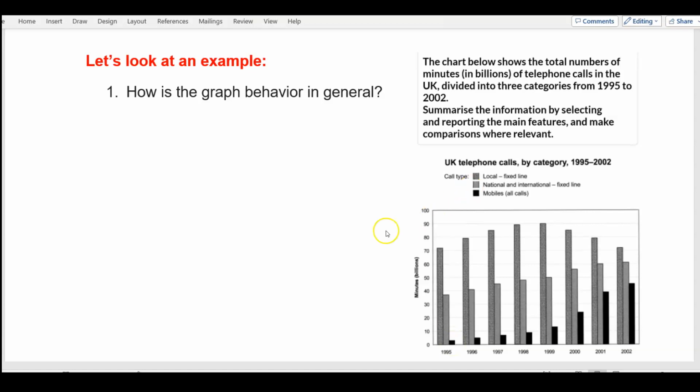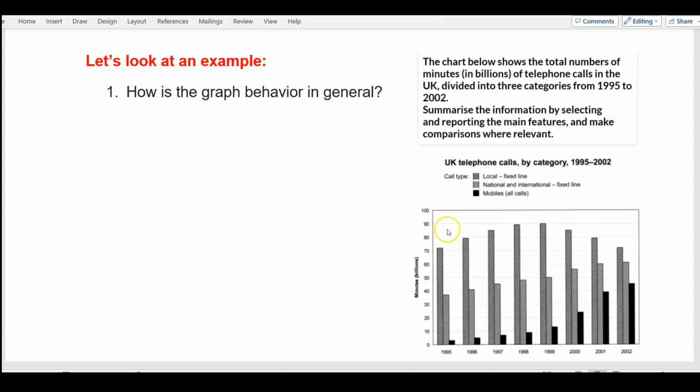Our first question is: how is the graph behaving in general when you look at it? We can see that all of them actually went up except for the local, which went down later. But generally you can see that most of these media of communication increased in number of minutes as time went by.